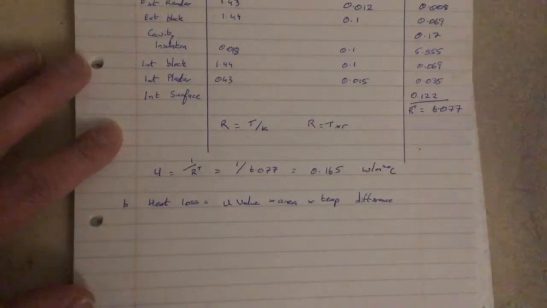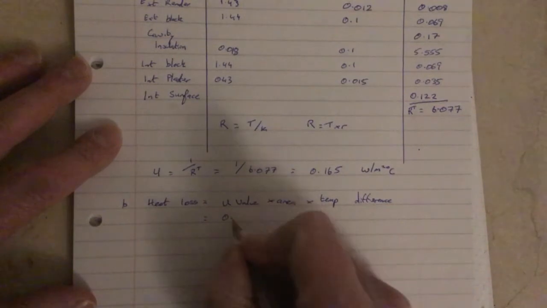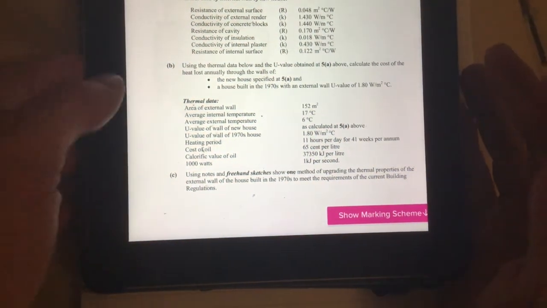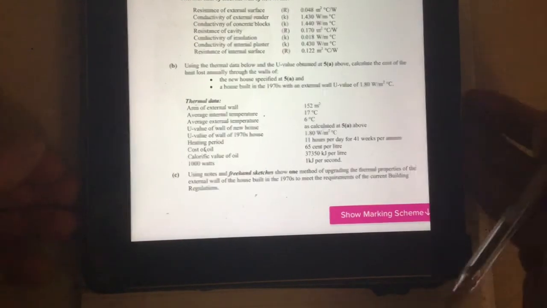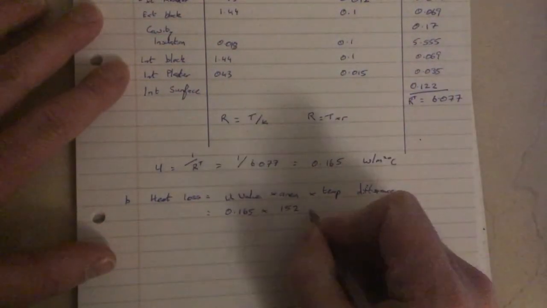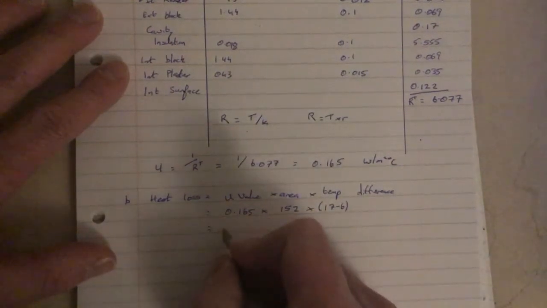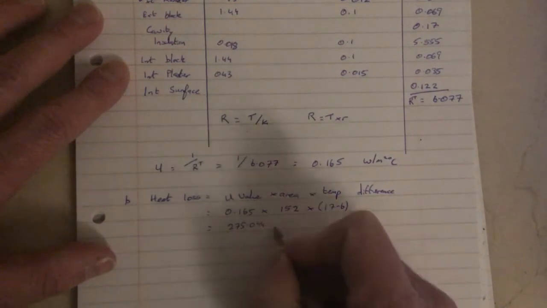Now, my U value is from the question above, so it's 0.165 multiplied by my area, and if I go back to the question, the area of the house is 152, and the temperature difference, just one over here, is 17 take away 6. So my area was 152 multiplied by 17 take away 6. And when I multiply that all out, I should get 275.044 watts.